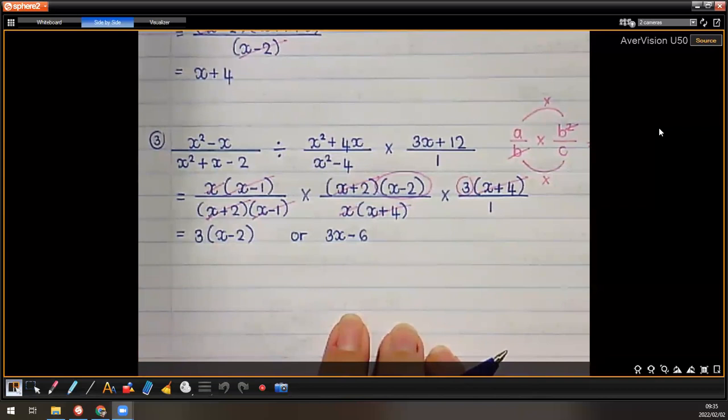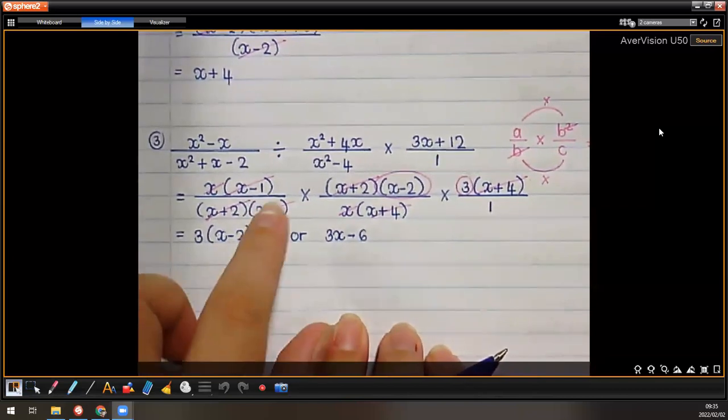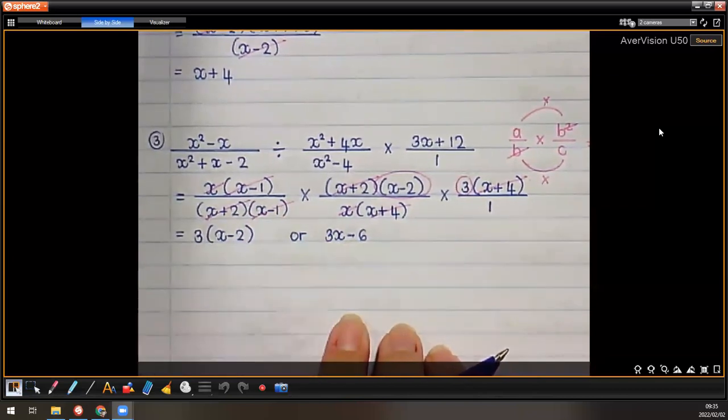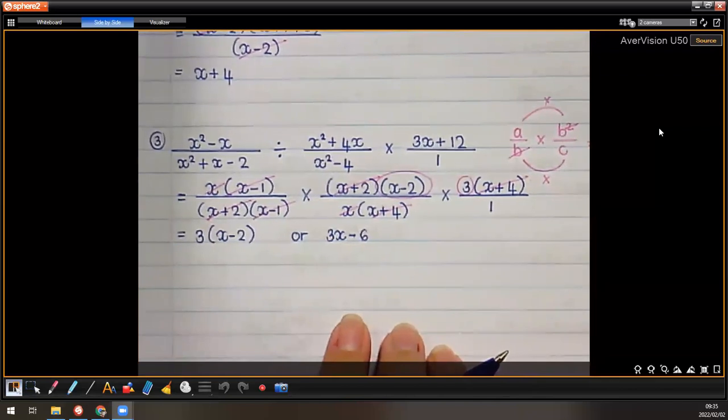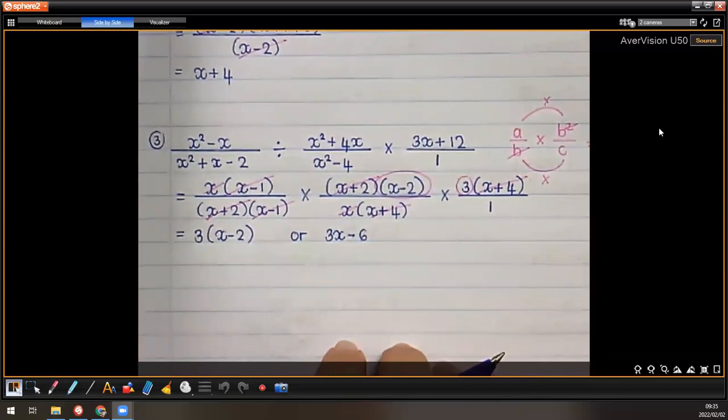You do not have to multiply it out. In fact, if you decide to multiply it out and you think while you're rushing that that is 3 and you write 3x minus 9, I have to subtract the mark. Okay, so you're actually putting yourself at risk for losing marks. So just leave it like that. If you don't like that, you can multiply it out. It's up to you.